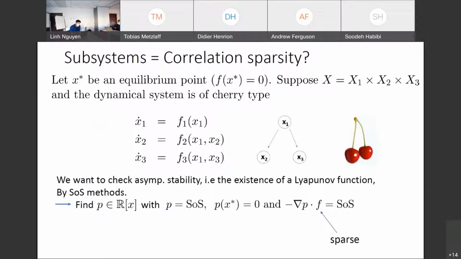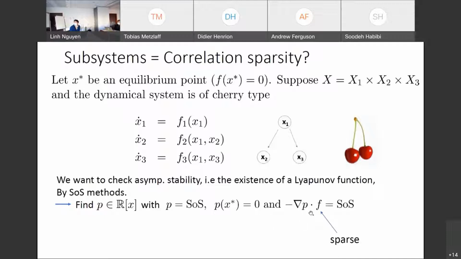And when we want to check asymptotic stability of an equilibrium point, then a typical ansatz is to search for Lyapunov functions, as we've just seen, and this can be done by sum of squares methods, or at least you can try. So how does the problem at hand look? We look for a polynomial that is a Lyapunov function. That means it's non-negative, so we represent this by being a sum of squares. It should vanish at our equilibrium point, and the gradient should be negative.